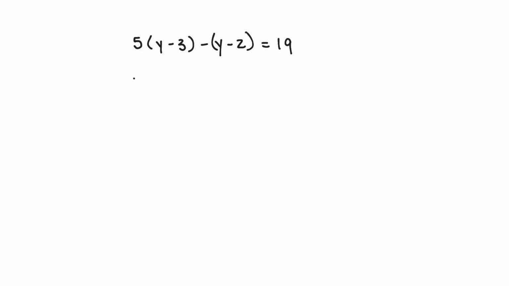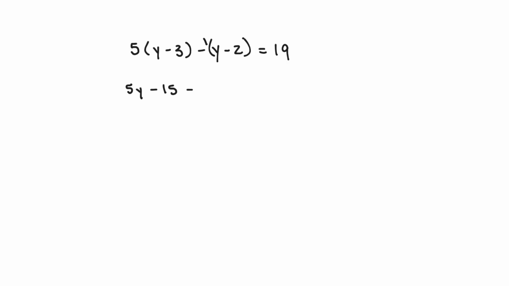So 5 times y is 5y. 5 times negative 3 is negative 15. Now, our next part here, we have a minus sign outside a bracket. We have to remember that that actually means minus 1. So minus 1 times y would be negative y. Minus 1 times negative 2 would be actually positive 2, equals 19.